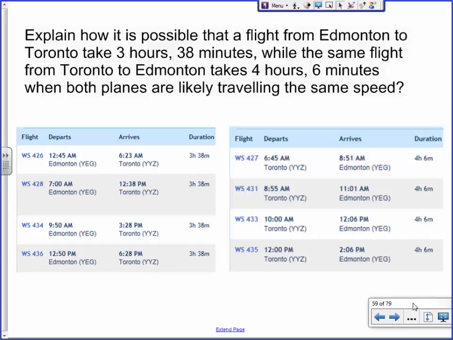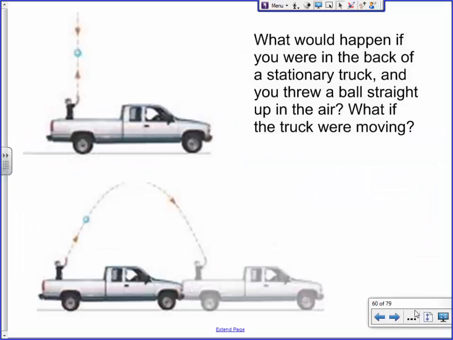But if you have to fly into a headwind, your plane is capable of flying 300 kilometers an hour, you might only be going 295, which slows you down typically. Does that make sense? So that's actually why the differences exist. It just depends on which way the jet streams happen to be, either at your back or in your face.